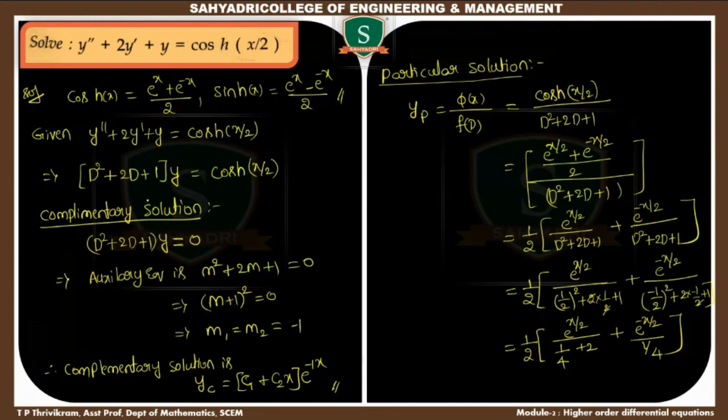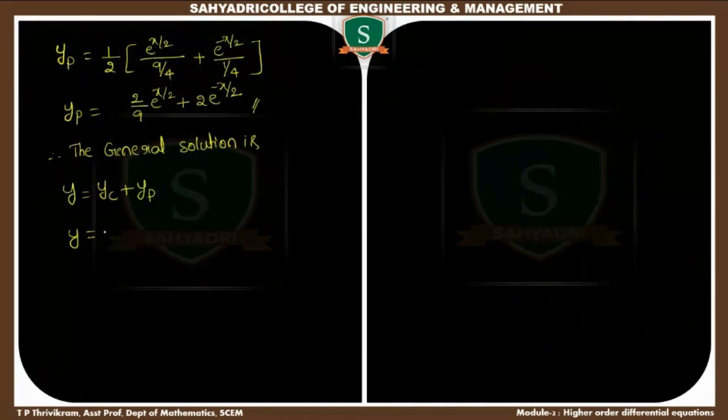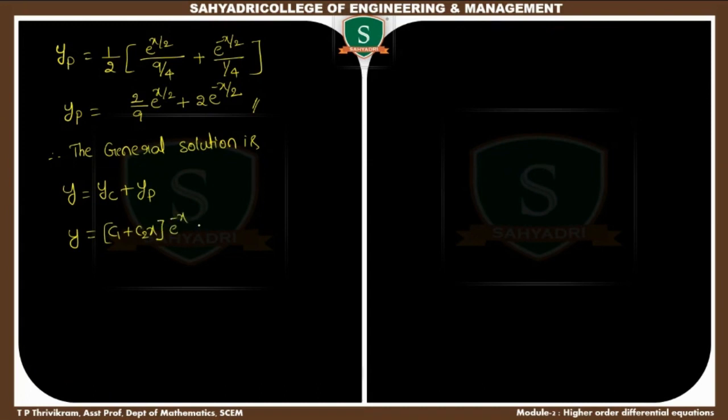Yc is nothing but c1 plus c2x into e power minus x, plus yp, which is nothing but 2 by 9 e power x by 2 plus 2 e power minus x by 2. So like this you'll get.